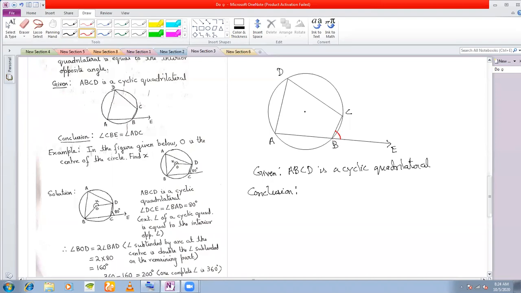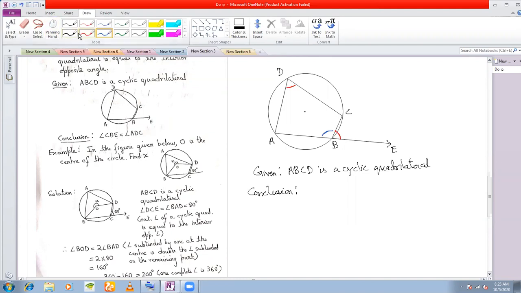Which one is the exterior angle? This red angle is the exterior angle. So which one is the interior opposite angle? The interior angle corresponding to the red exterior angle is this blue angle, and opposite to this blue angle is this red angle. Therefore these two angles must be equal.